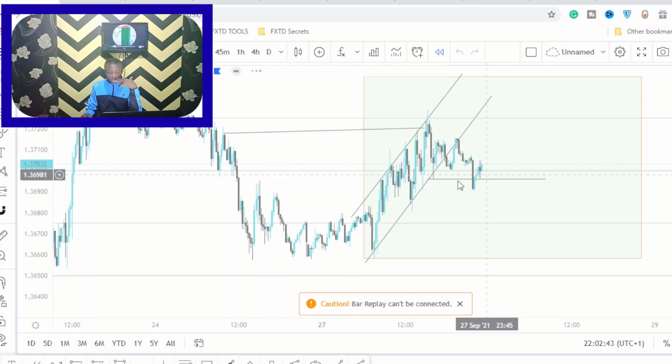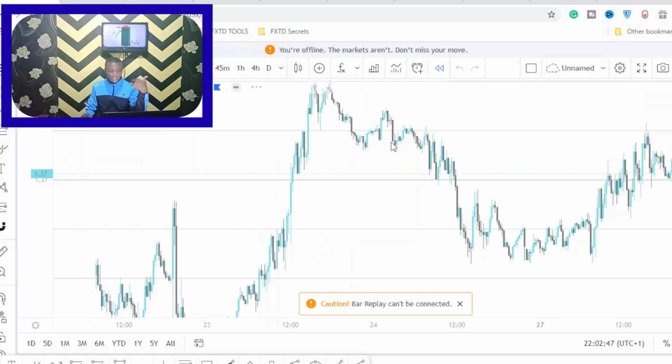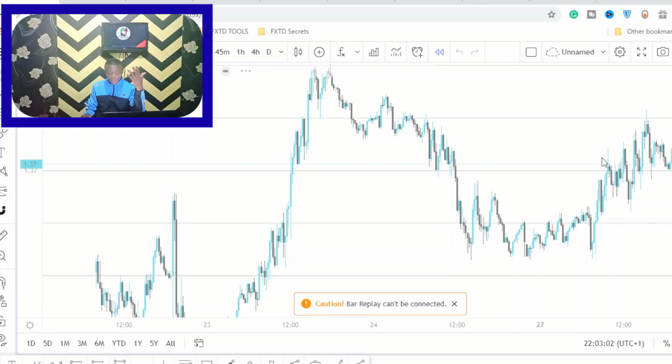So what we'll do is we check at the left, look at your left hand side and see if there was liquidity that was taken out. I will just explain this and we'll call it a day, guys. If liquidity was taken out, then it's going to be a perfect setup for you to enter a selling position.